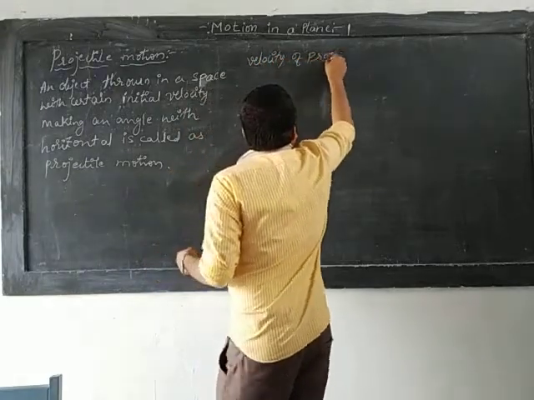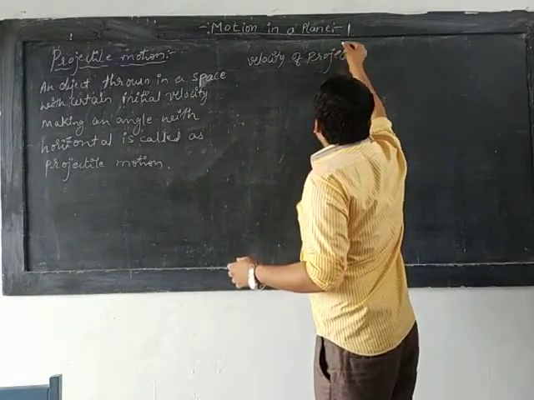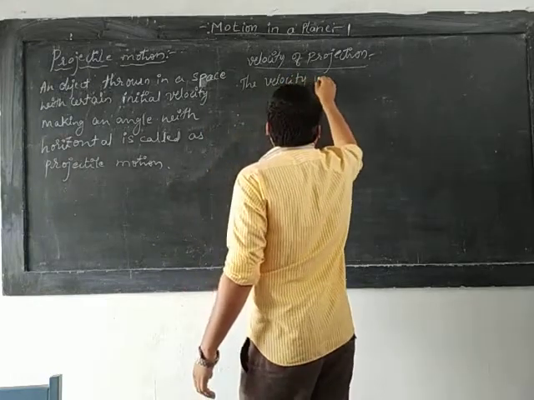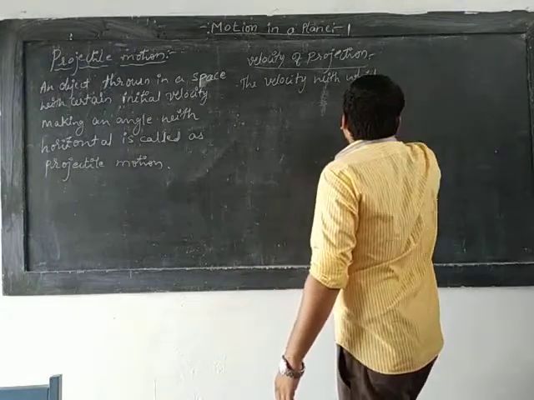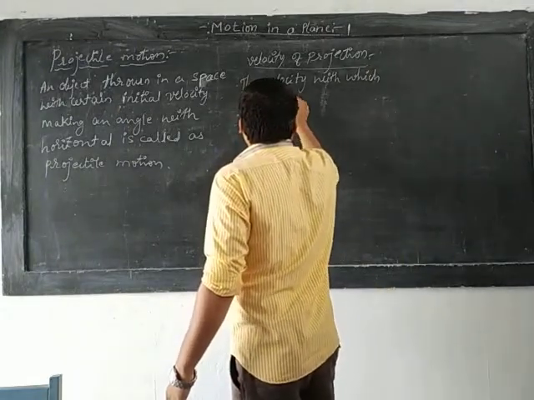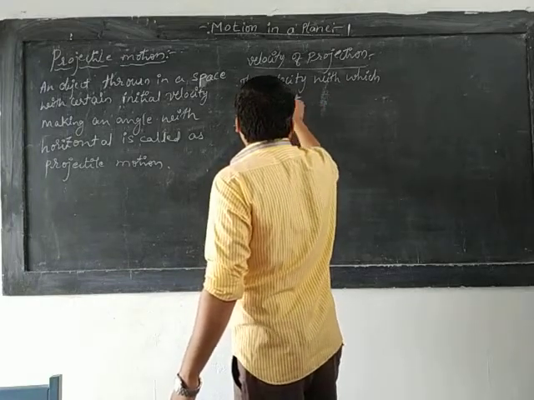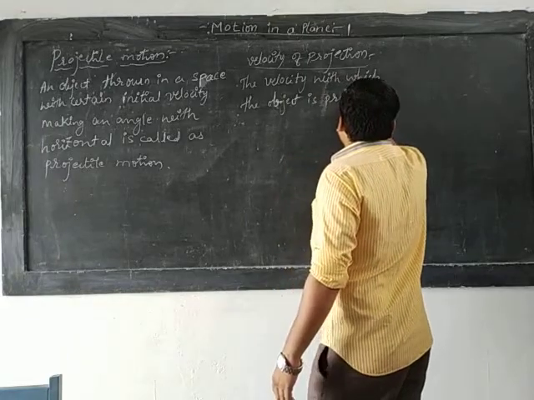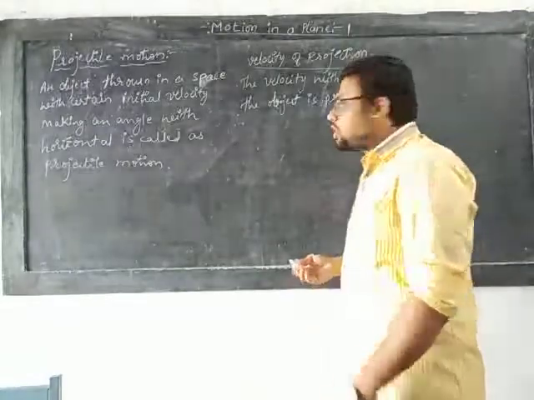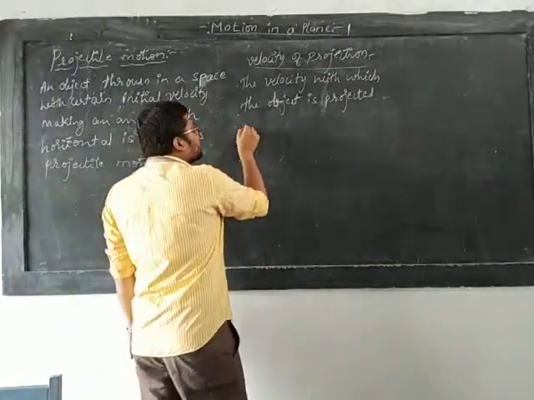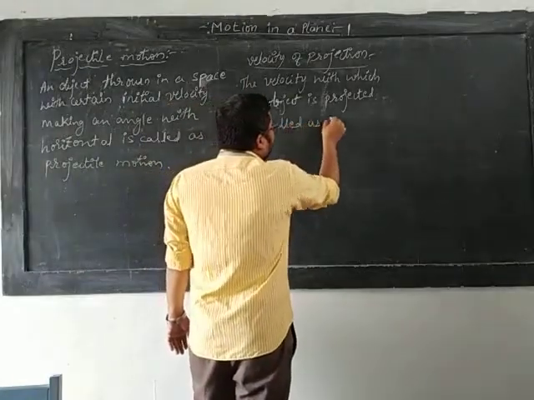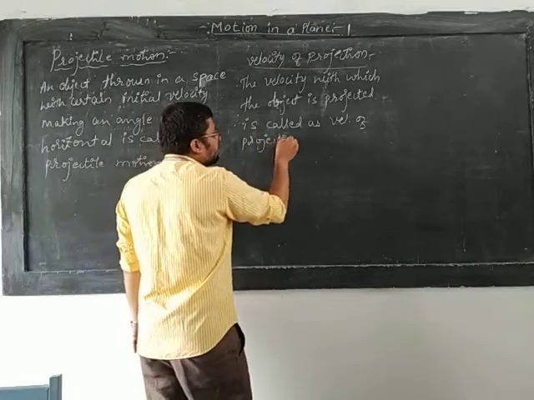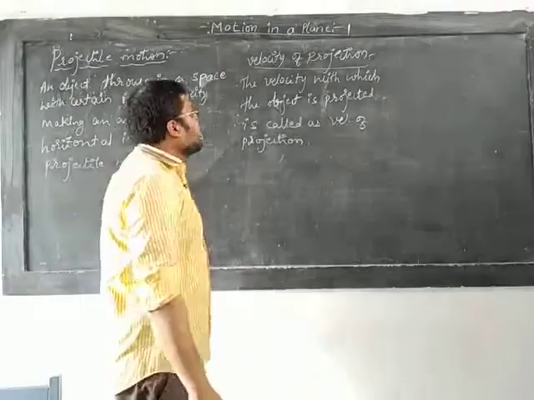The velocity with which the object is projected or is thrown is called as velocity of projection.